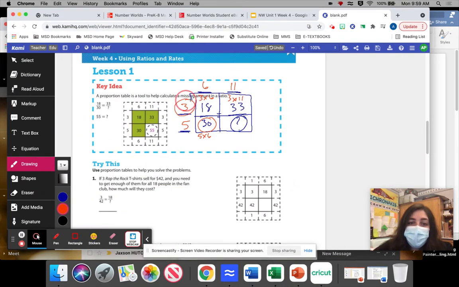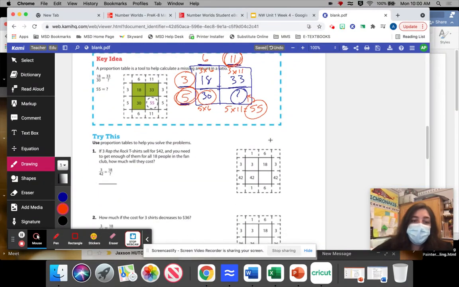Notice how I'm multiplying the numbers on the outside of the box to get my answer on the inside. So for this question mark, all I have to do is multiply 5 times 11, numbers on the outside. 5 times 11 equals 55. Okay, so your answer for this one would be 55.